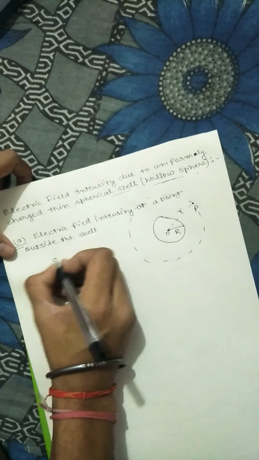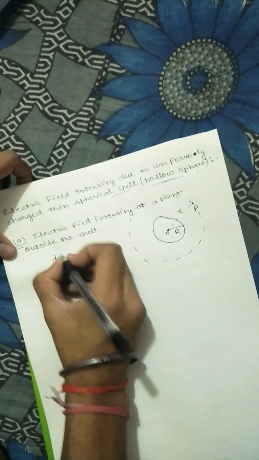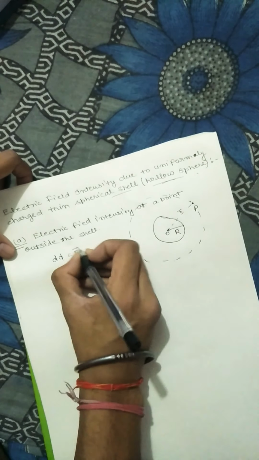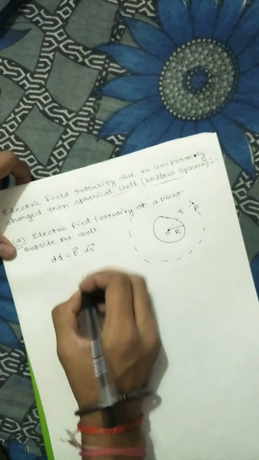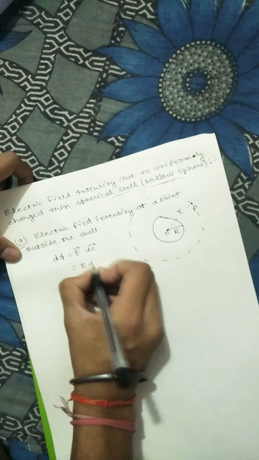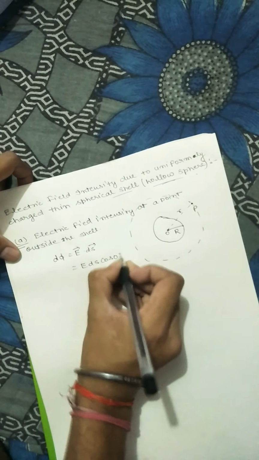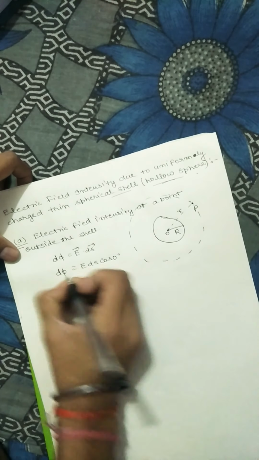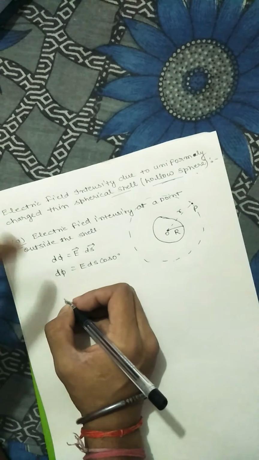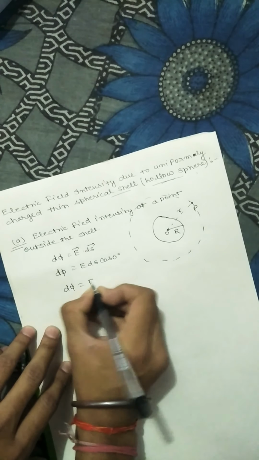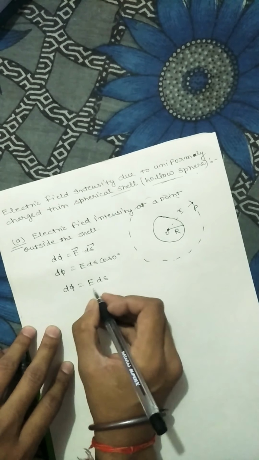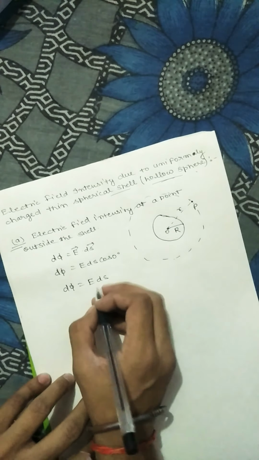If we take the small flux on that, d phi can be written as E dot ds, that is E ds cos 0 degree. This part is the same as in the last one, so d phi equals E ds.